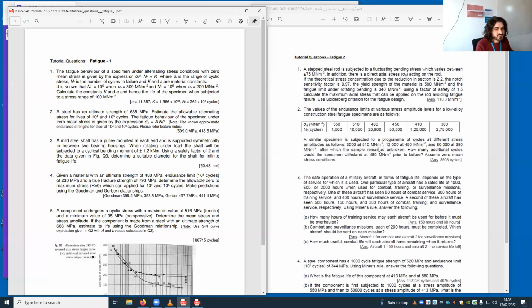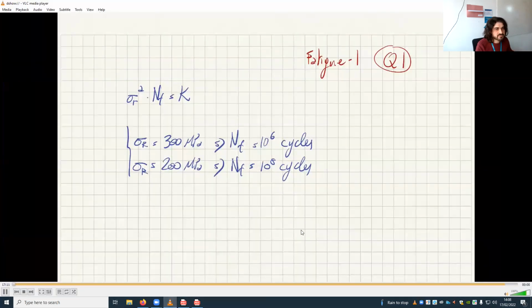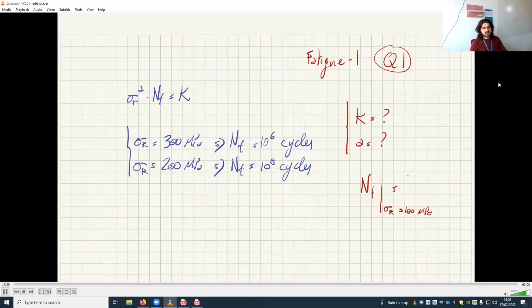So this is what I have on, basically. That's it. So this is my model. This is the fatigue model. These are the model parameters.